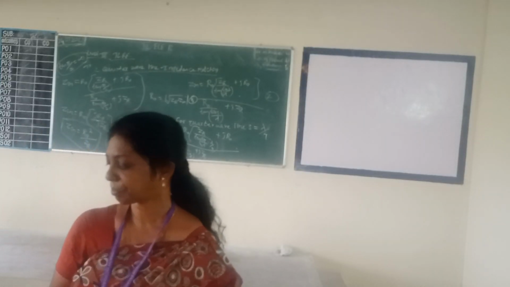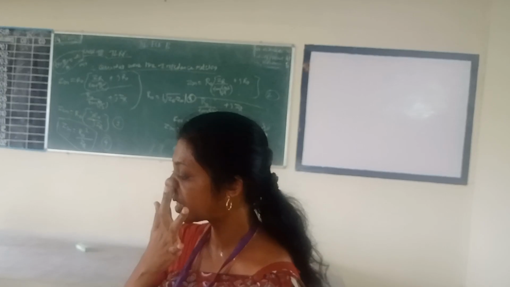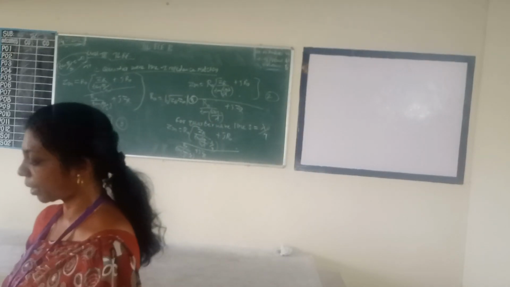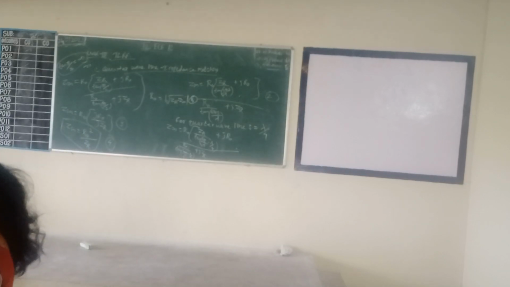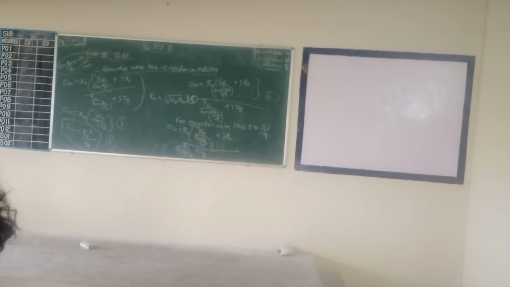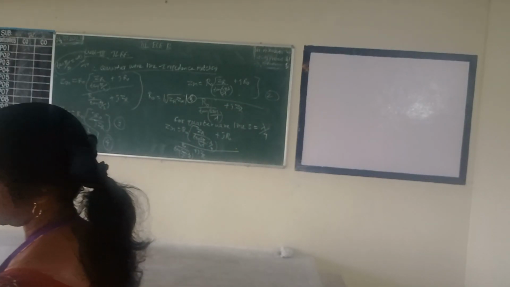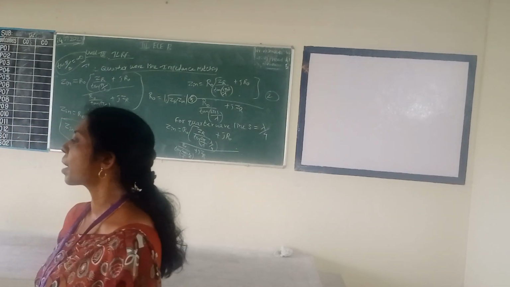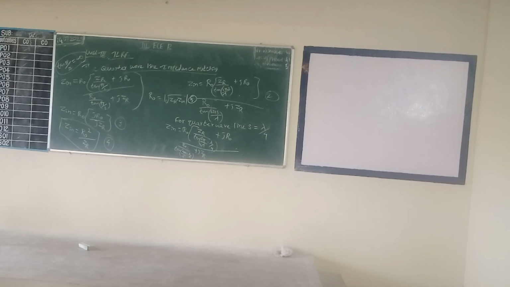Hence an open circuited lambda by 4 line gives zero input impedance, while a short circuited lambda by 4 line gives infinite input impedance.